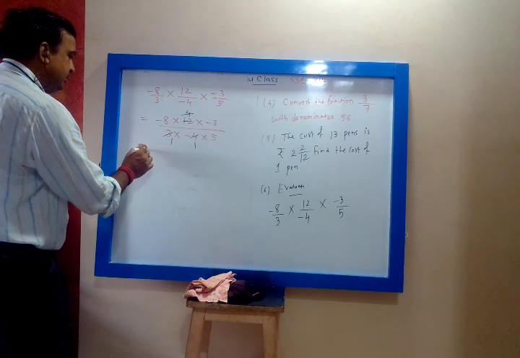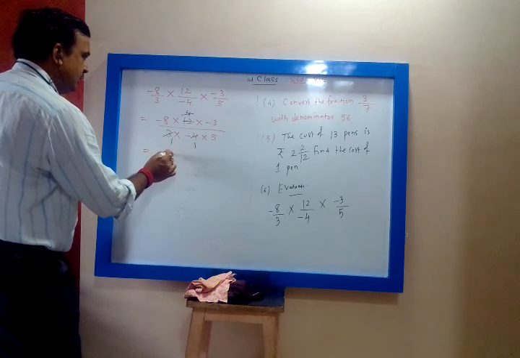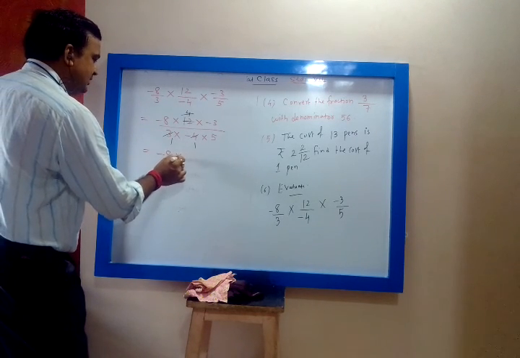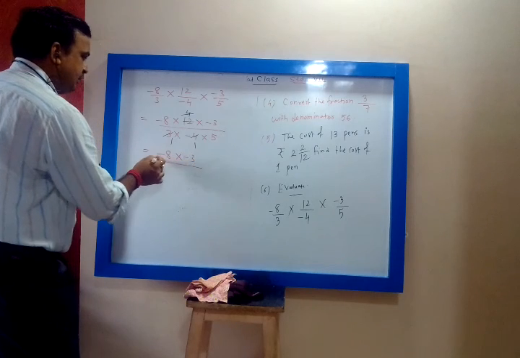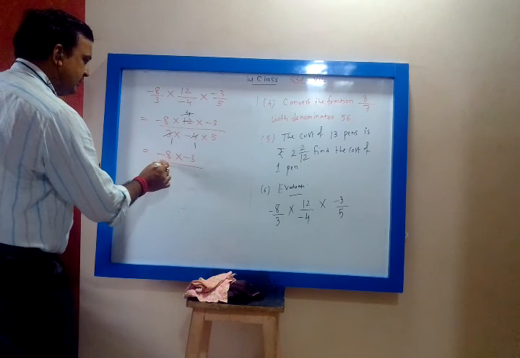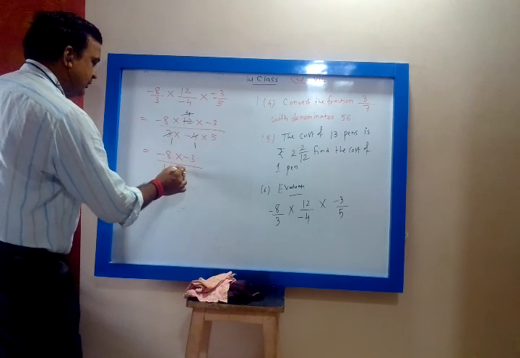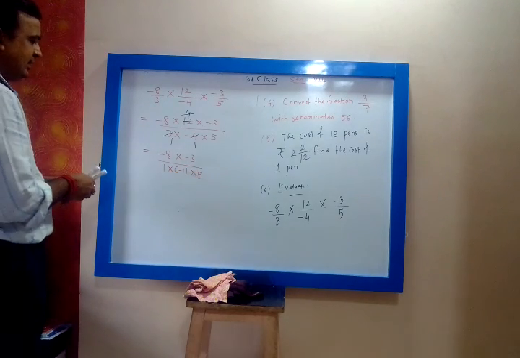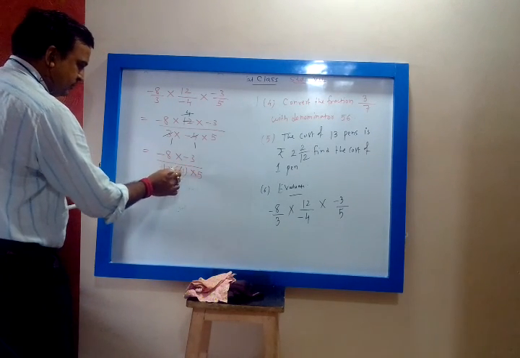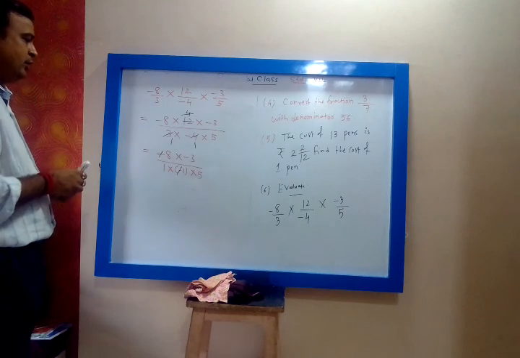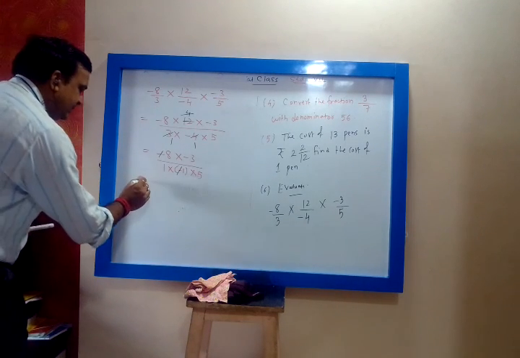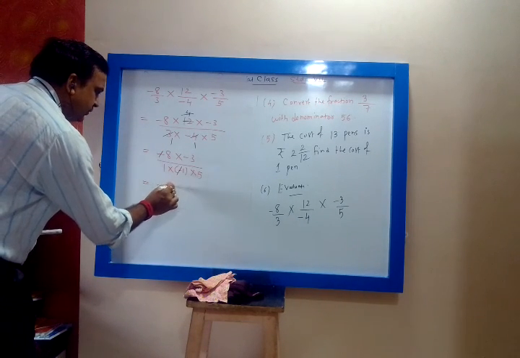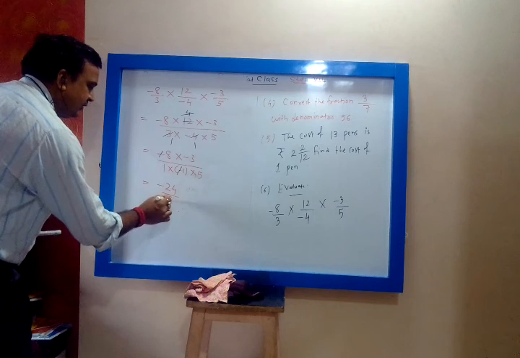Tell me what is left. Minus 8 into minus 3 upon 1 into minus 1 into 5. Then the minus sign also gets cancelled, no? What is left? 8 into minus 3, minus 24 upon 5.